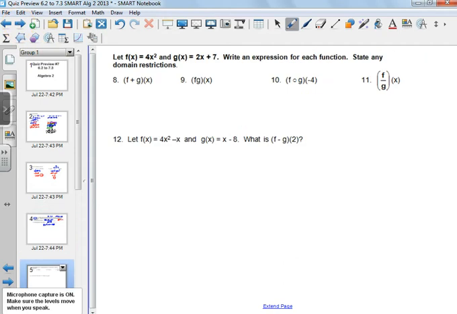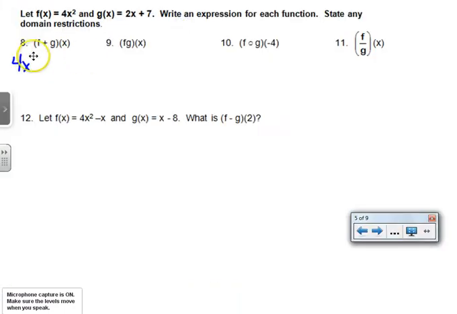Now, function operations. We have function f and function g, and we're going to simplify whatever they want us to do, and then we're going to state any domain restrictions. So f plus g is literally, let's expand this. F plus g, and there's nothing we can do to simplify that because there's no like terms. But since it is a quadratic polynomial, there are no domain restrictions, so your domain is everything from negative infinity to infinity.